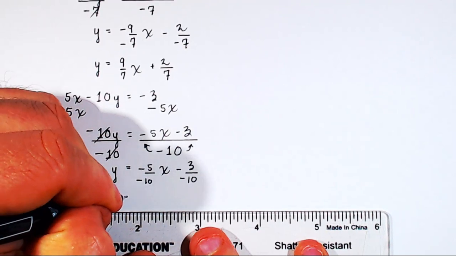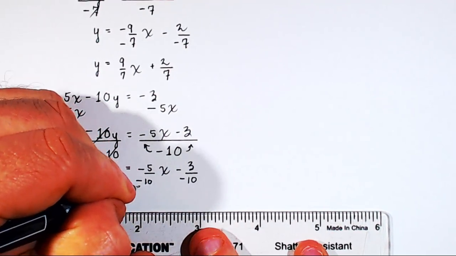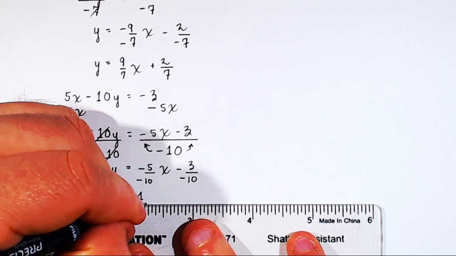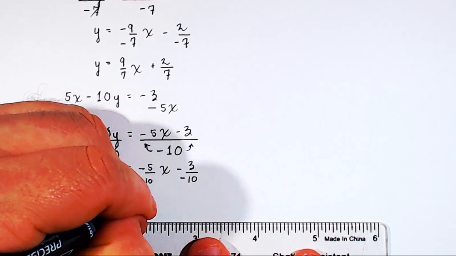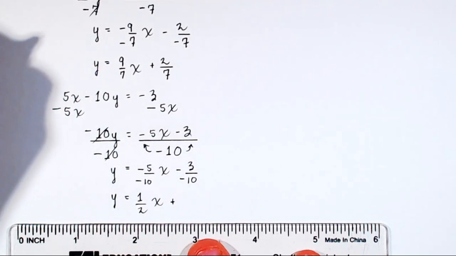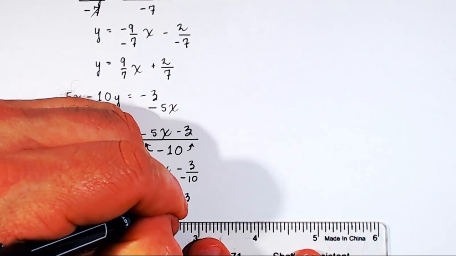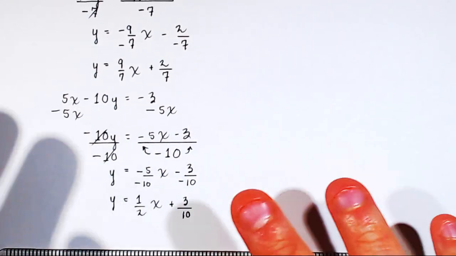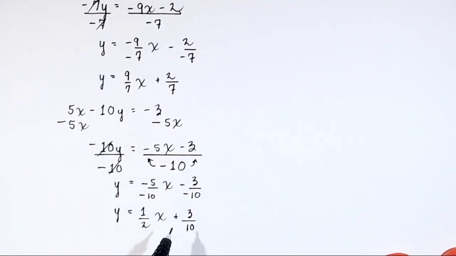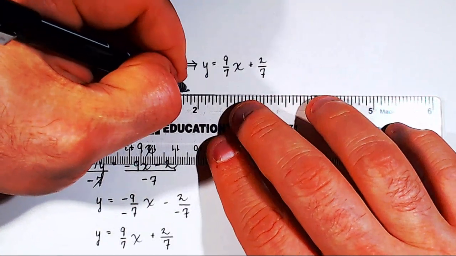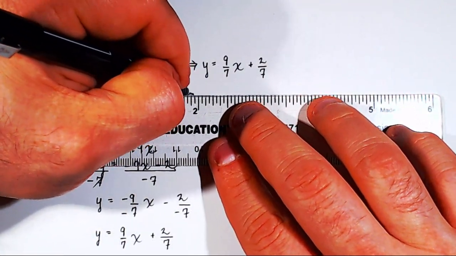Y equals, what's 5 divided by 10? That's 1 over 2, positive 1/2 x plus 3 over 10, and that 1/2 x plus 3/10 is the rewritten form of the second equation.